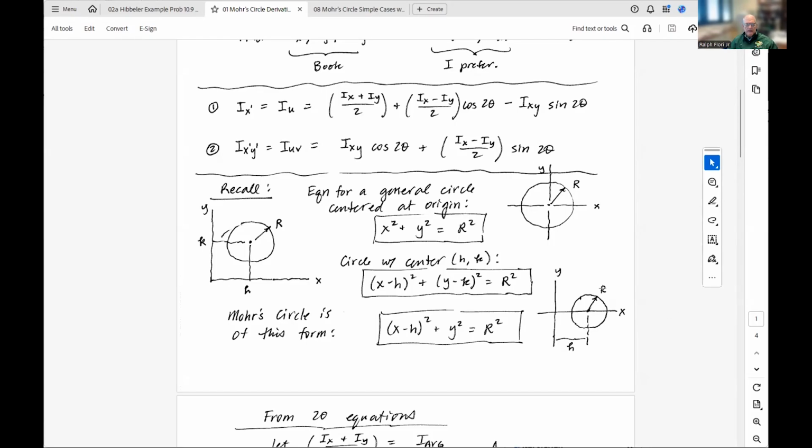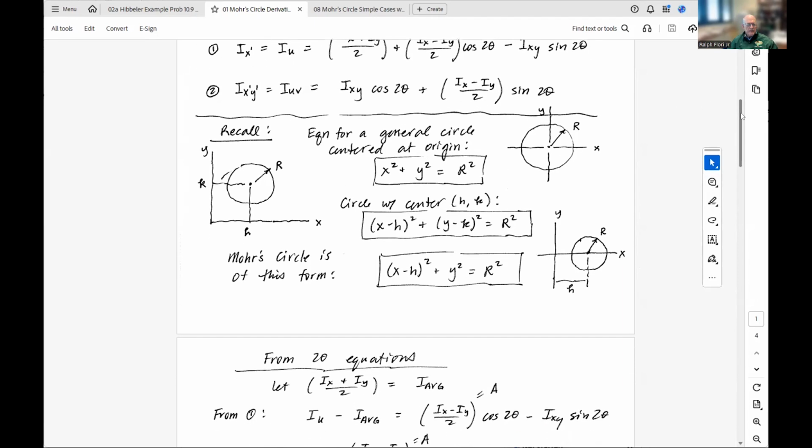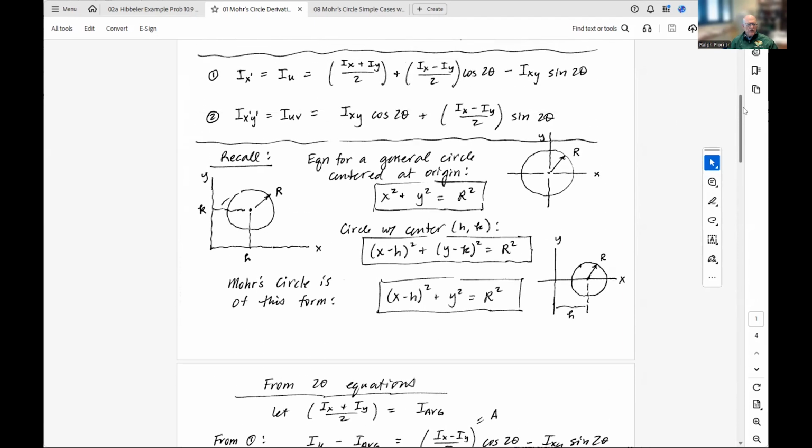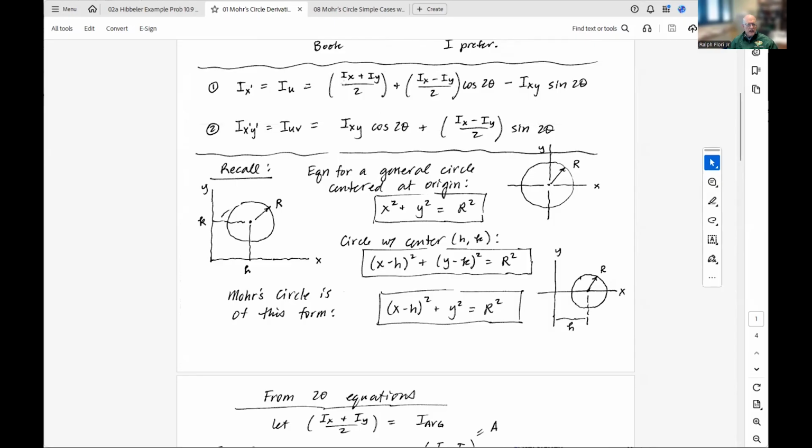So how do we get the circle? We're going to take these two equations. In the first equation, I'm going to let this be I average and move it to the left-hand side.